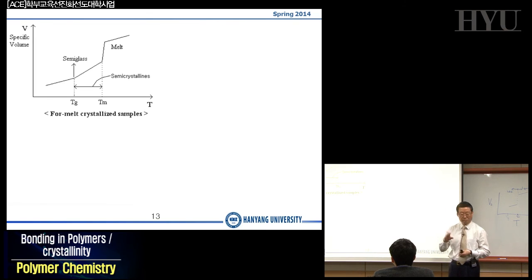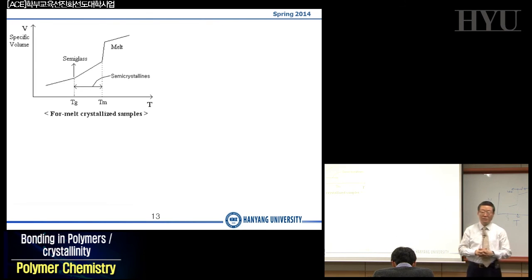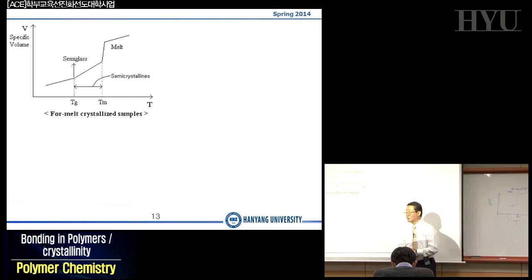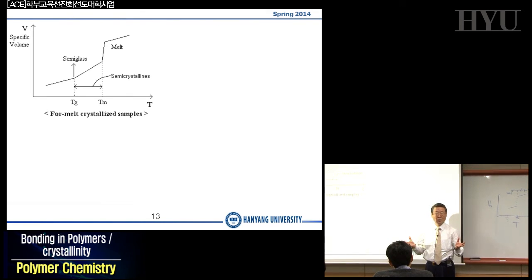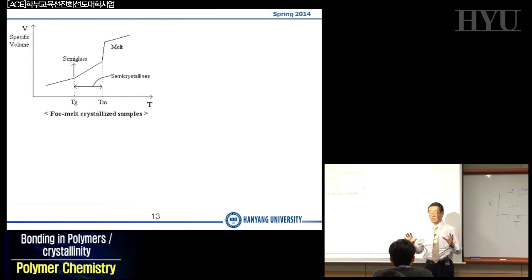Okay, so let's think about these cases. Actually, if you increase the temperature, because of thermal motion, your chain will be moving, right? If this room is heated up, you start to be uncomfortable, so you start to move.